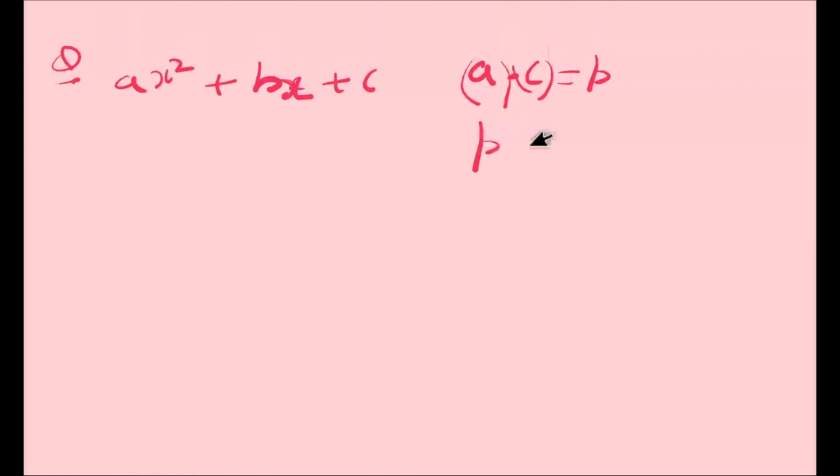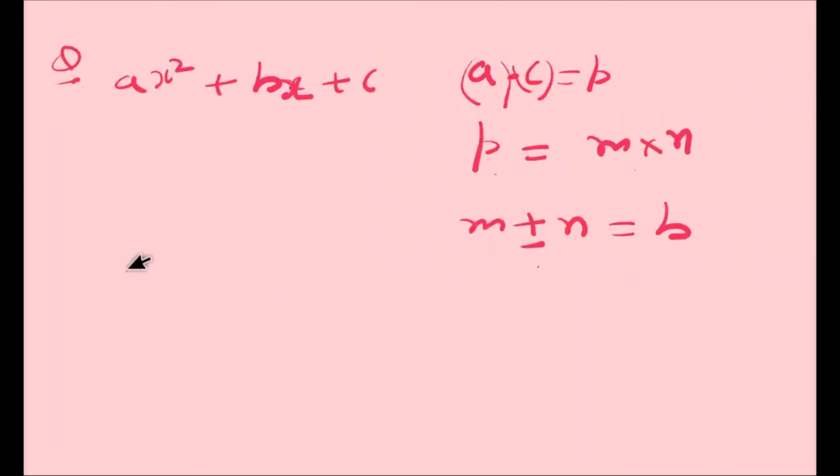Now take the p as some other product so that either the sum or difference is equal to b. First a into c, you have to take the product as p, and p could be written as m into another product, so that the sum or difference is equal to b.